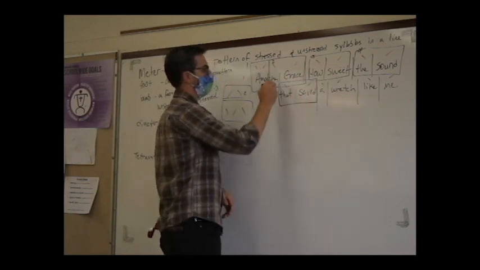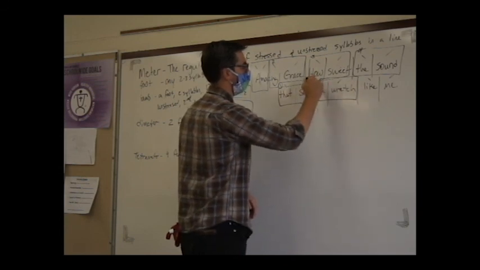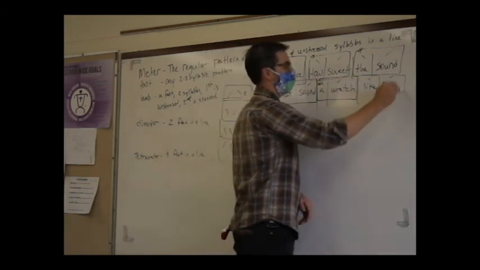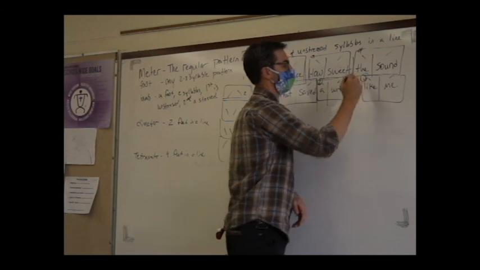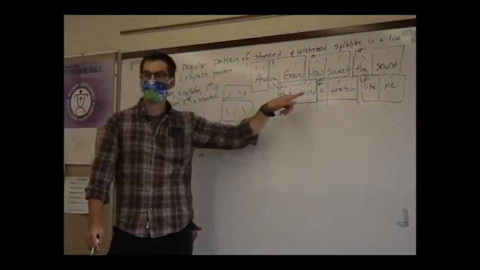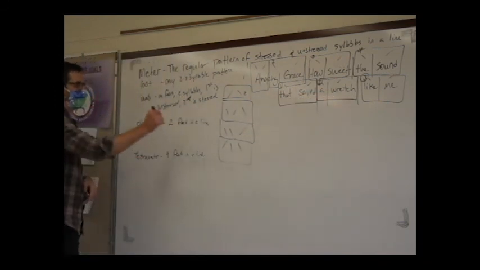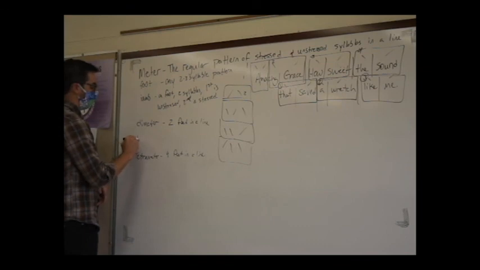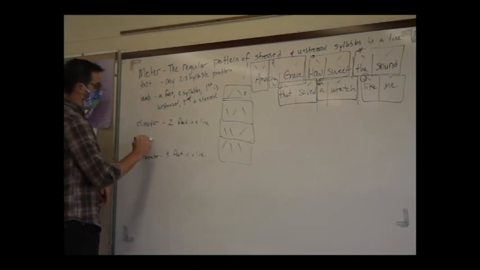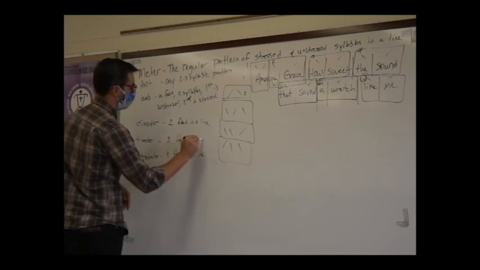That's saved is 1. A wretch is 2. Like me. 3. So that would mean that this is iambic because the patterns are still the same, but there's less feet. So it's not tetrameter, it's trimeter. 3 feet in a line.